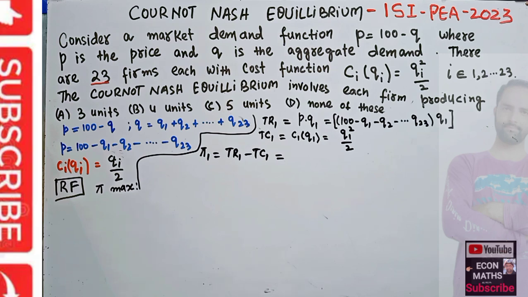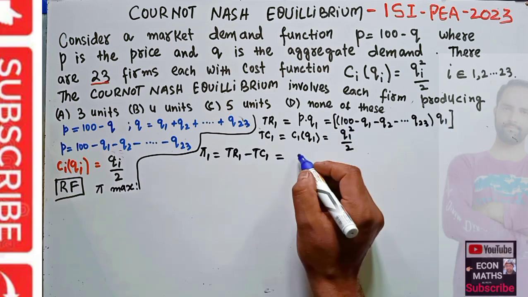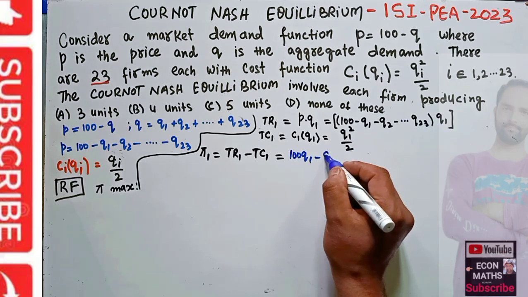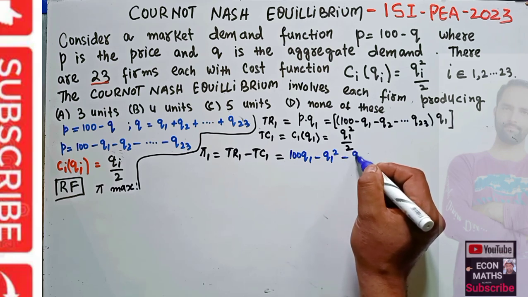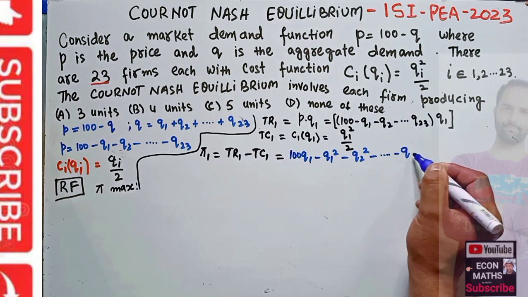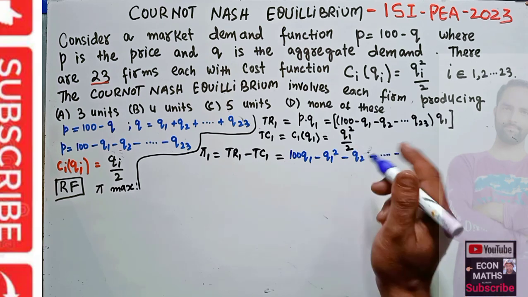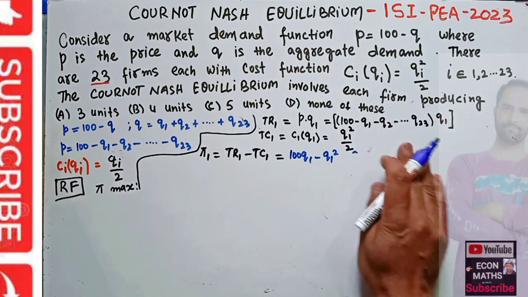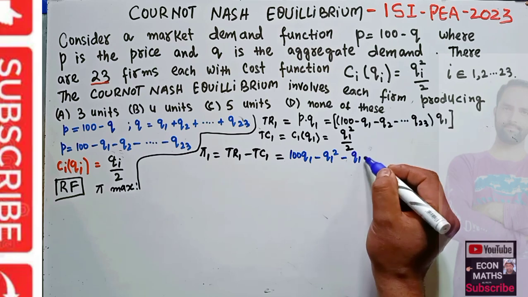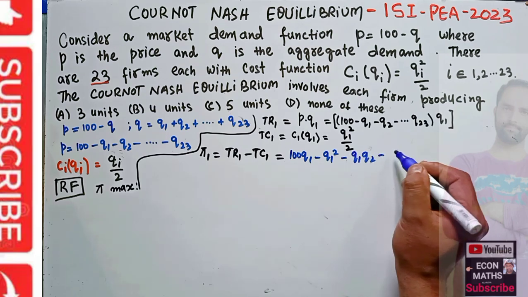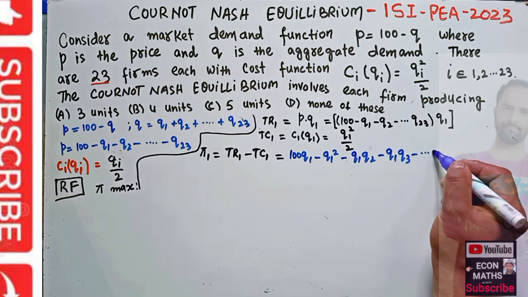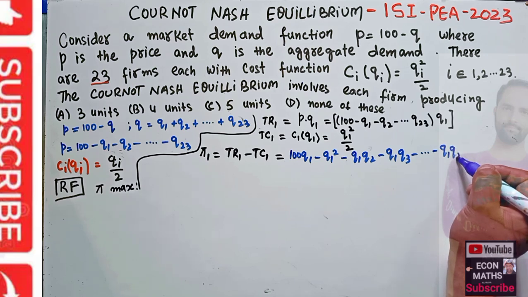So let's multiply here. First, 100 into Q1 is 100 Q1, minus Q1 squared, minus Q1 Q2, minus Q1 Q3, minus so on up to Q1 Q23.